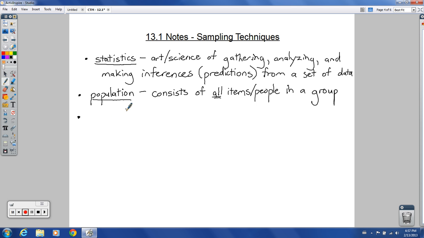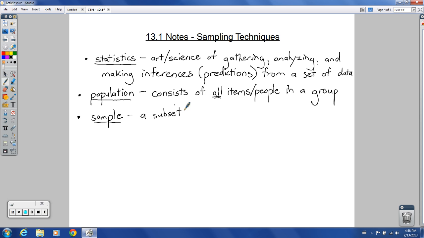Sometimes it's not always easy, not always even possible to take a sample or to take a survey of everybody, or to take a certain measurement of every single person in the population. That's why we have things called samples. So a sample is supposed to be representative of the population. A sample is a subset.